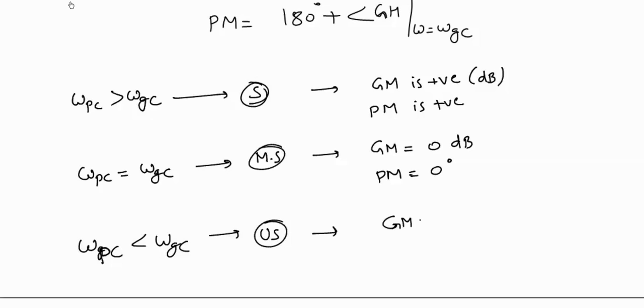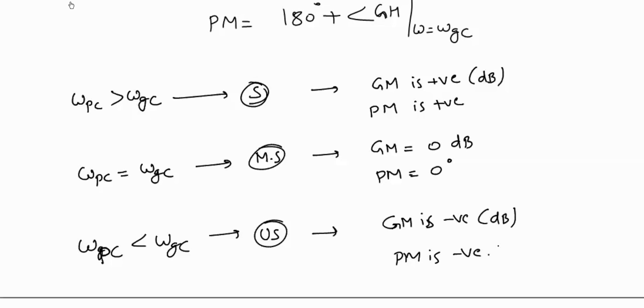Here gain margin is negative in decibels and phase margin is negative. So these are the concepts of gain margin and phase margin.